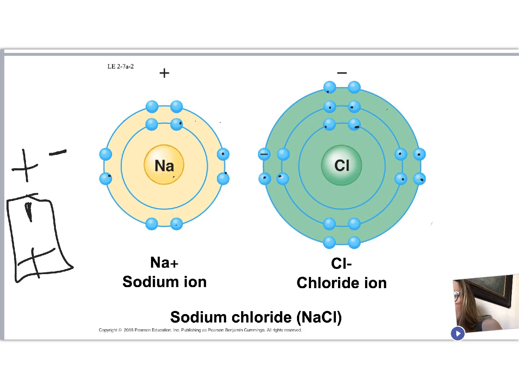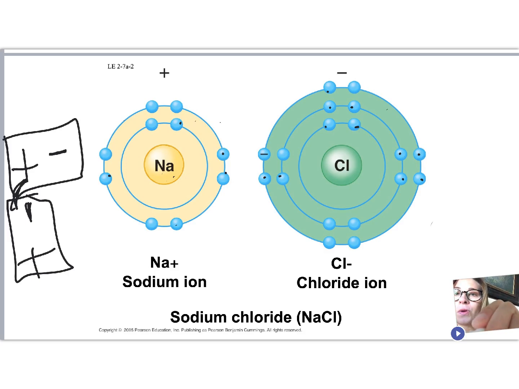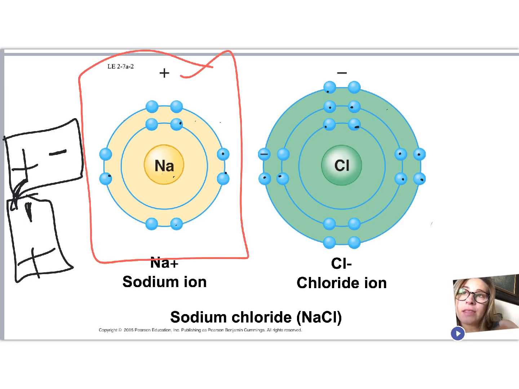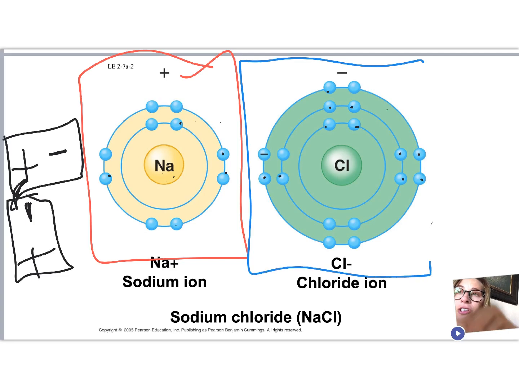That's how we would get these magnets to stick together, that attractive force. Well, now we basically have created two magnets, okay? One magnet over here is a positively charged end, and the other magnet over here is a negatively charged end.